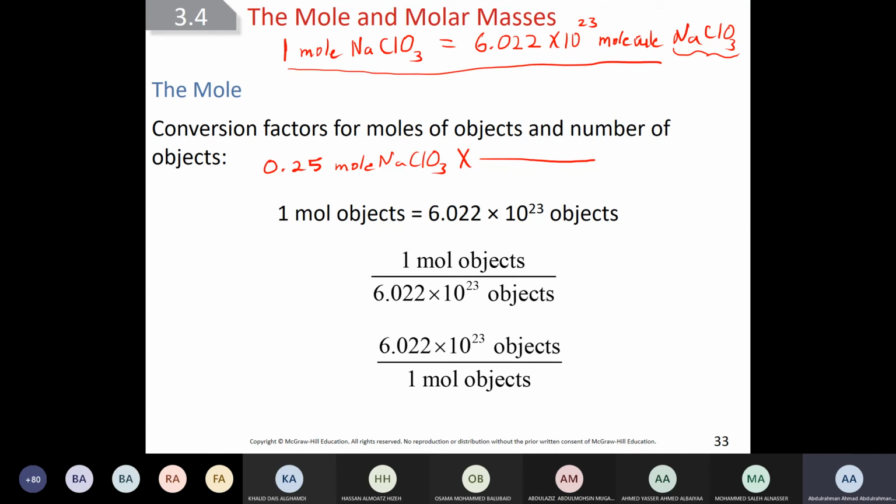What should I write at the top? 1 mole NaClO3. And down, Avogadro's number, 6.022 times 10 to the power 23 NaClO3 molecules. This way I get rid of this unit with this unit, and I have the answer in molecules.